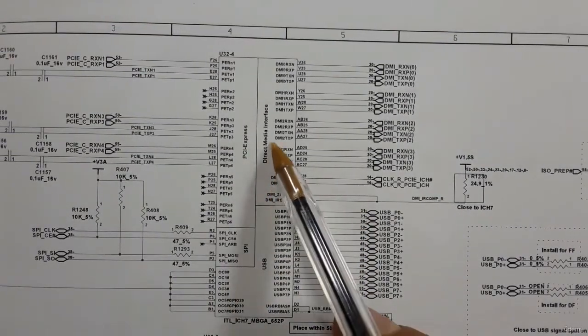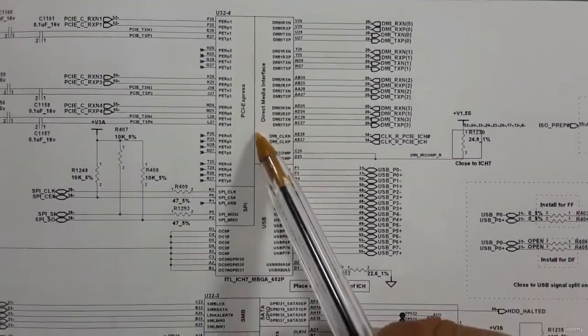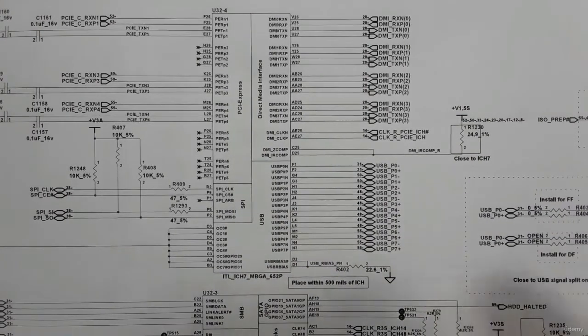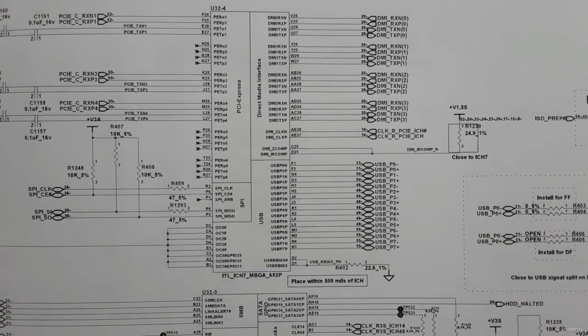Here we have the direct media interface, or DMI, because the ICH is the chip responsible for all connectors, all ports and all interfaces.